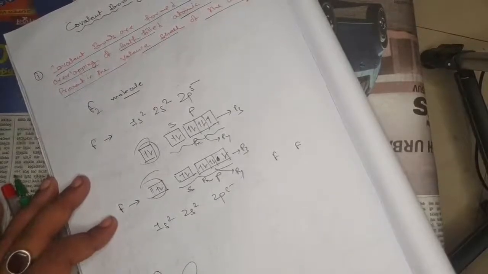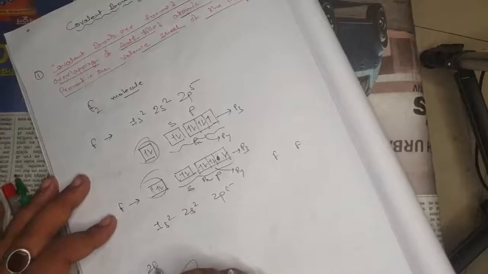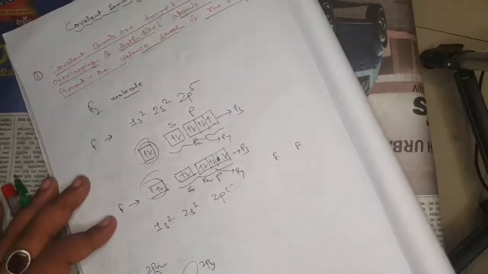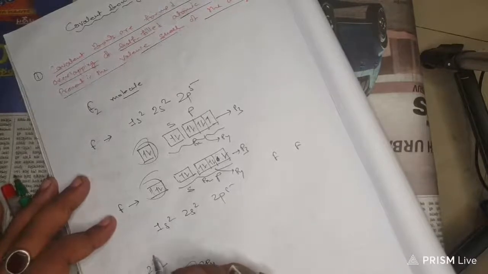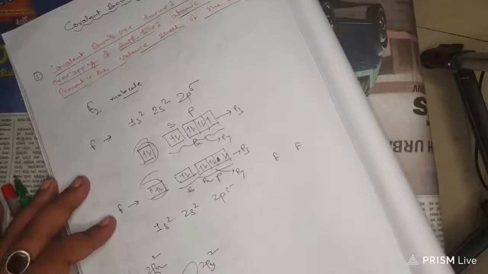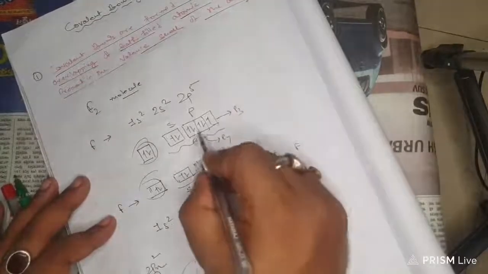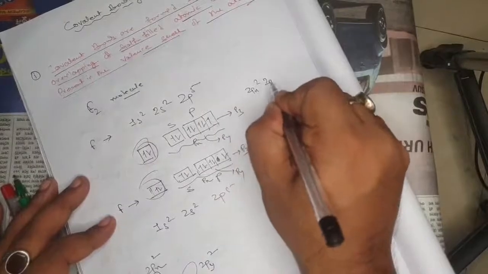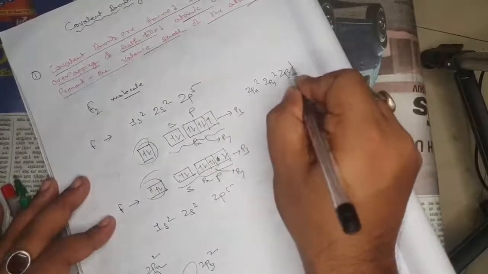Now suppose this is your 2px orbital, this is 2py orbital, this is 2pz orbital, this is the 1s2 orbital. Here 2px2, 2py2, 2pz is 1.